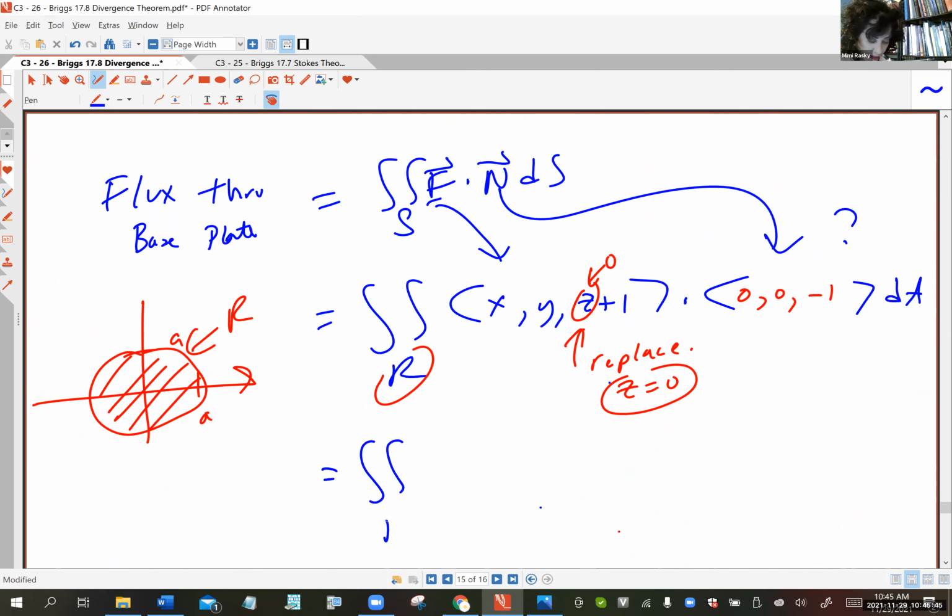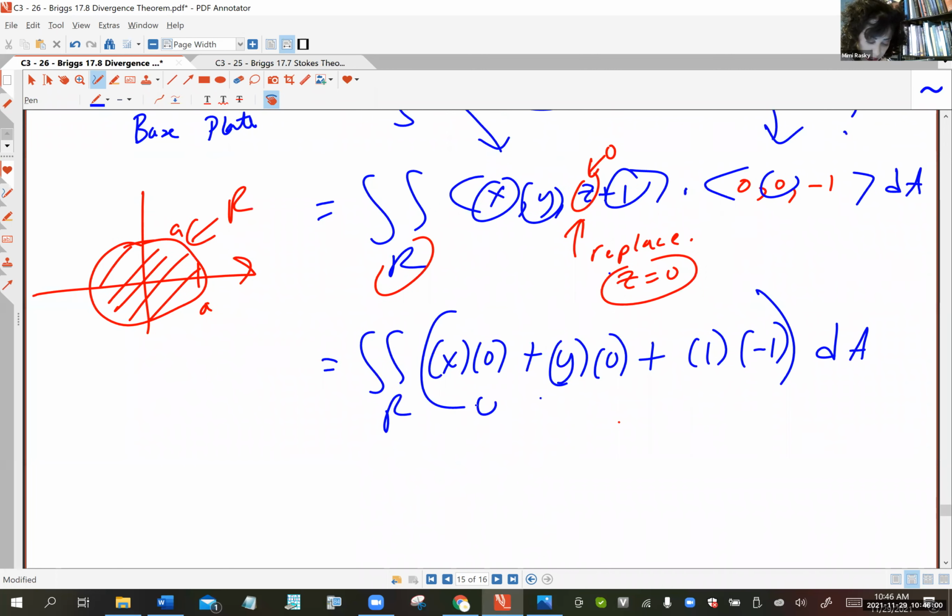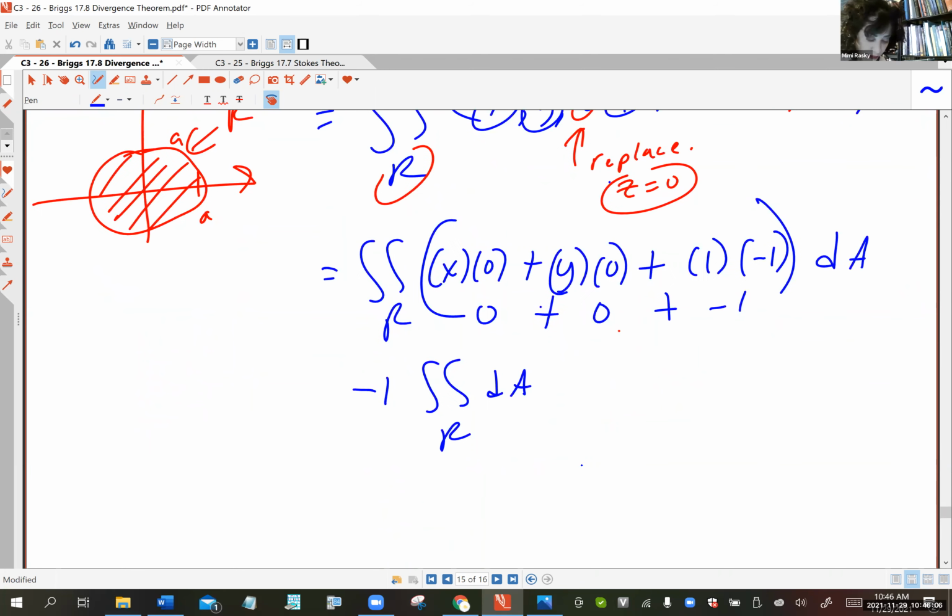You're going to have x times 0 plus y times 0 plus 1 times -1 dA. That's just 0 plus 0 plus -1, and I'll pull the -1 out in front because it's just a multiple.